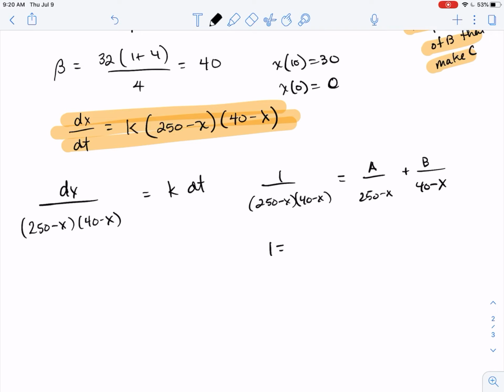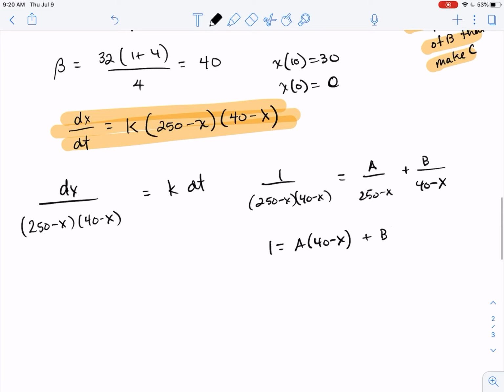So 1 equals a times (40 minus x) plus b times (250 minus x). If x is 40, then b is 1 over 210. If x is 250, then a is negative 1 over 210.